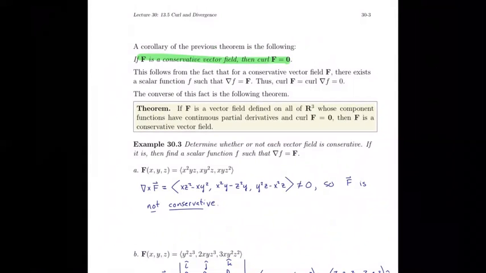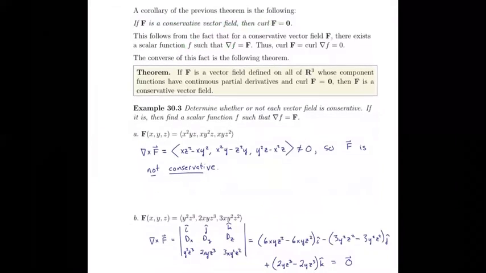The reason that should be the case is that if F is a conservative vector field, then there exists a scalar function f such that the gradient of f is equal to the vector field F, and we just saw that the curl of a gradient is equal to zero, so the curl of that vector field F would have to be zero. So this is yet another way to check to see whether or not we've got a conservative vector field, or to recognize one should the opportunity arise.